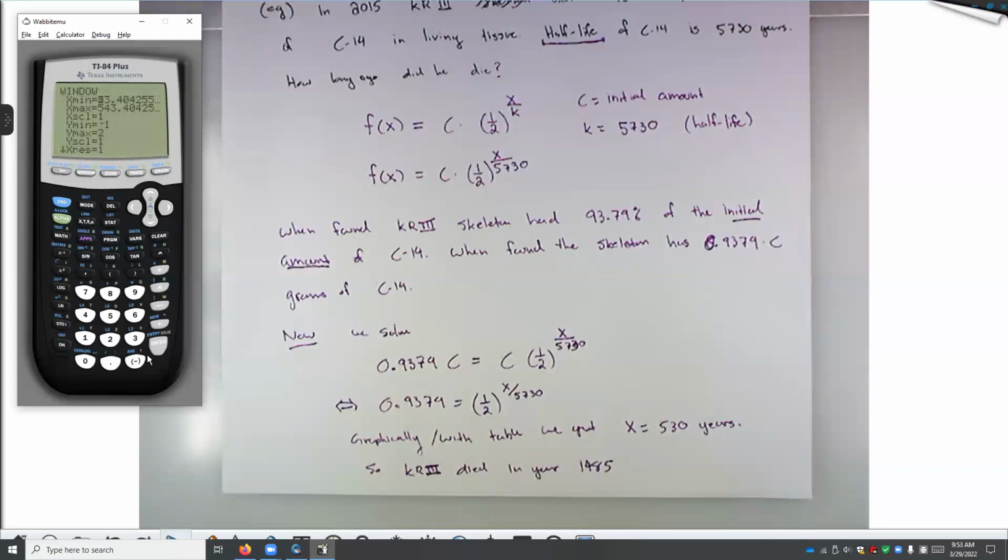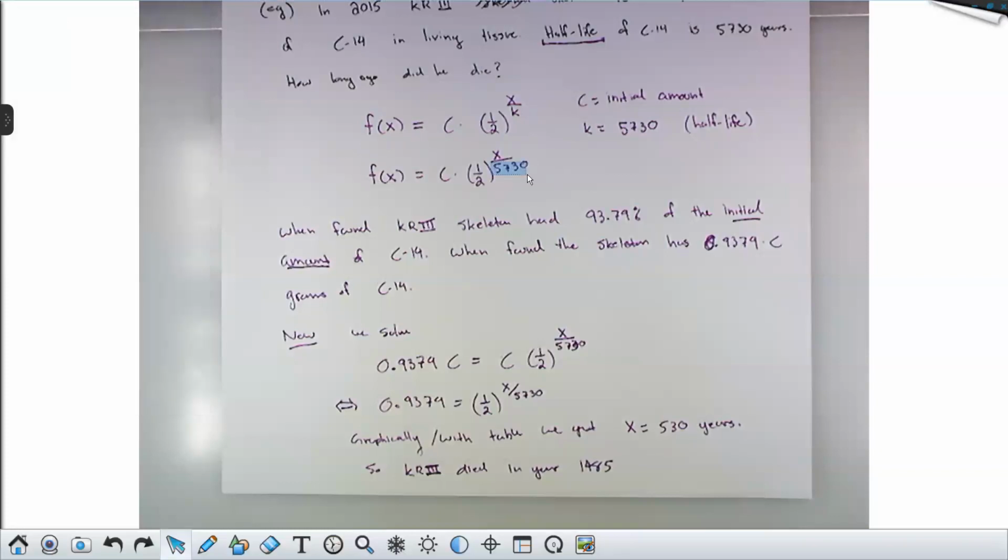For a fuller picture of the graph, we can zoom way out. Right? But when we zoom way out, 530 years is a very small step along this x-axis because I've got the x-min and max set to 100,000.